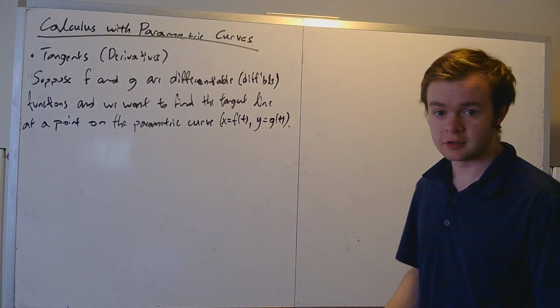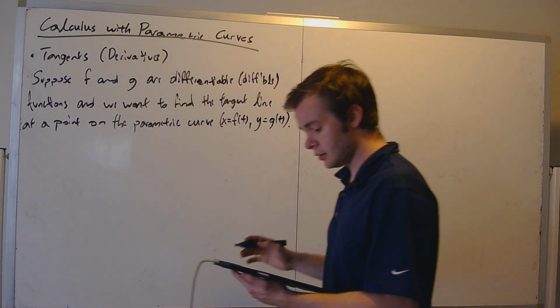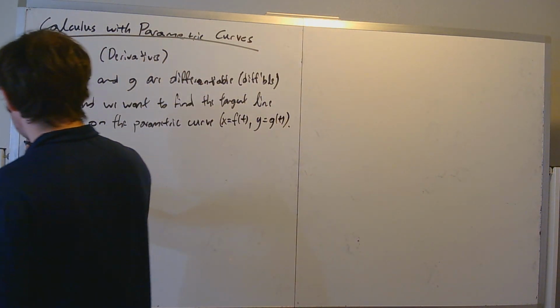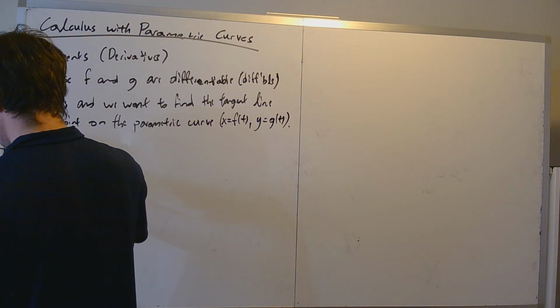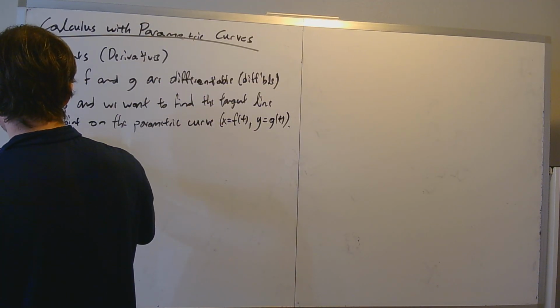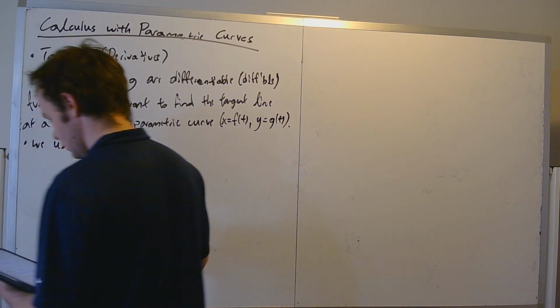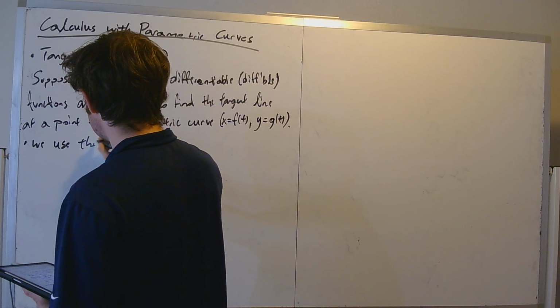Alright, so we're trying to find the tangent line at a point on the curve. So what we need to do is we'll need to use the chain rule.